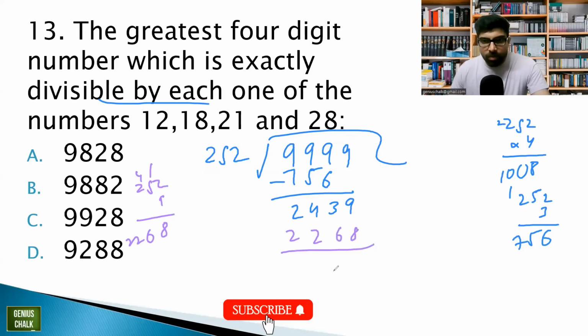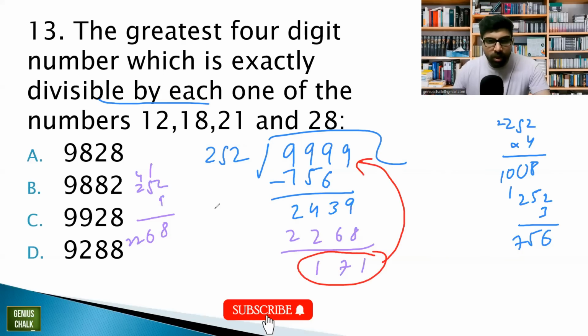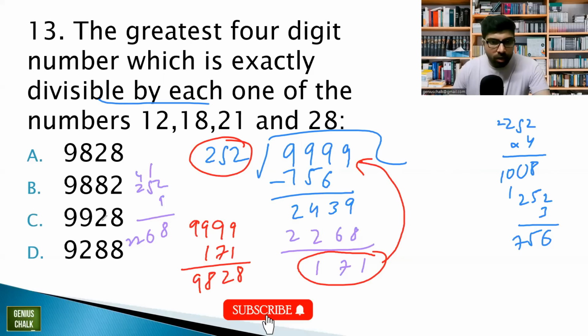Now it must be 1, 7 and it should be 1. Now we are left with 171 remainder. Now how can I say that this number will divide? I have to subtract this 171 from here, then only it will be completely divisible by 252. So 9999 minus 171 is 9828. So what is my answer? 9828 is my right answer for the session.